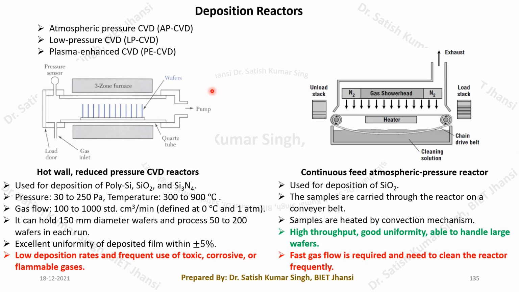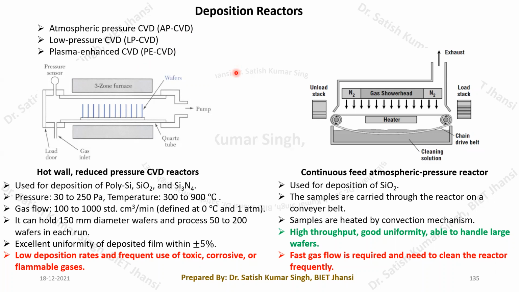Here you can see, like I already explained, we have the atmospheric pressure CVD, the low pressure CVD, and the plasma enhanced CVD. These are the different chemical vapor deposition chambers or reactors that we can generally use for deposition of these layers.